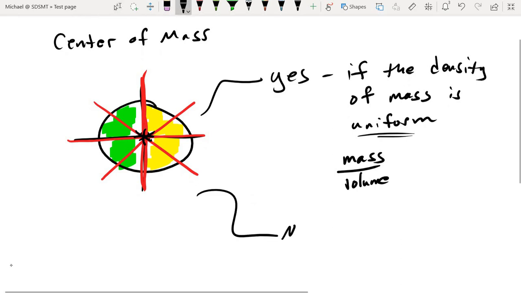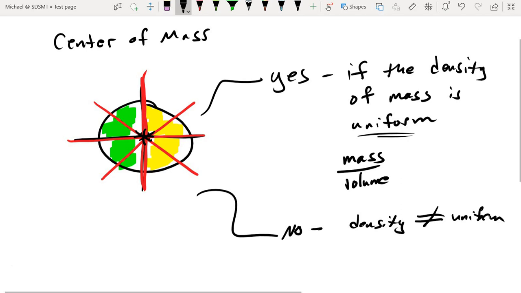If that's not the case, if the density is not uniform, then we're going to have to consider some other way of figuring out where the center of mass for this system is.